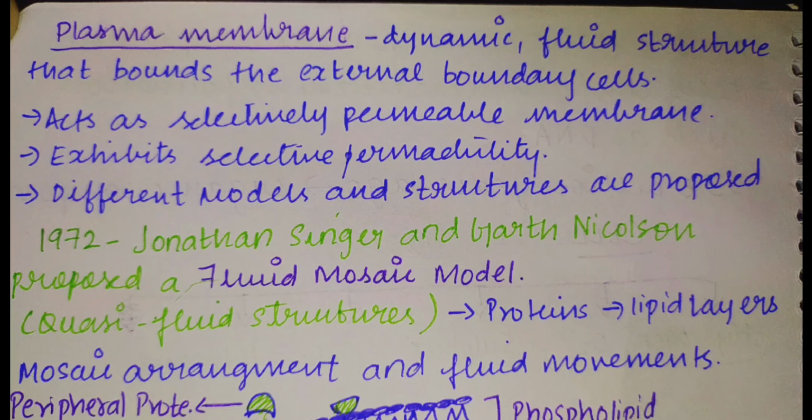Now there were different models and theories that were proposed. In 1972, Jonathan Singer and Garth Nicolson proposed a model called the fluid mosaic model. This was the most accepted model.